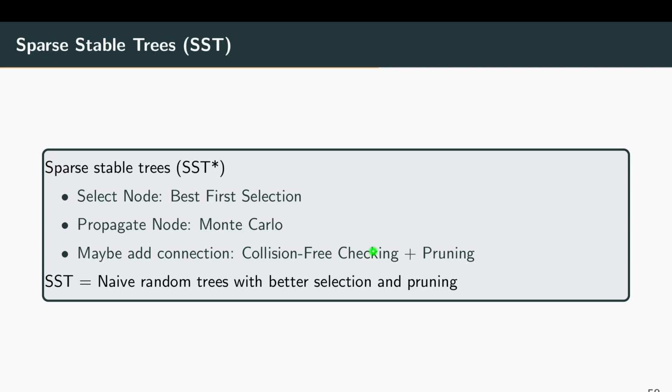Okay, but going back to the kinodynamic case, actually nothing really changes. The reason is that we use this best first selection. So even in the kinodynamic case, we can always sample a point and then apply the procedure to figure out which node we want to expand. For propagating nodes, it's the same thing. And because we have these witness sets, we don't have the problem that we might have gaps between states that are within the same witness set.